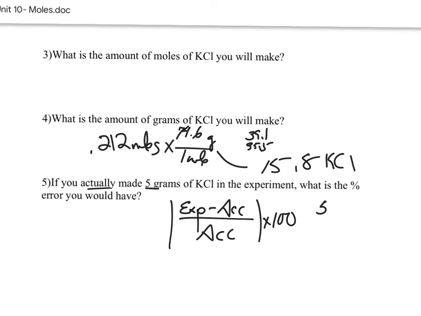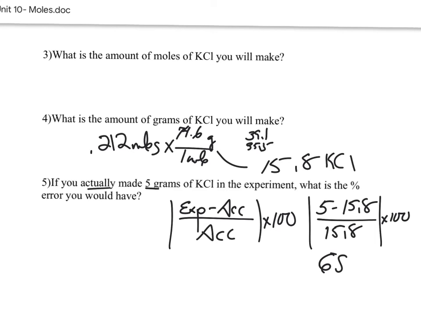That would be 5 minus 15.8 divided by 15.8 times 100. So when I do all my math there, quite a bit off. We were 68.4% error. Remember, there is no plus or minus to that.